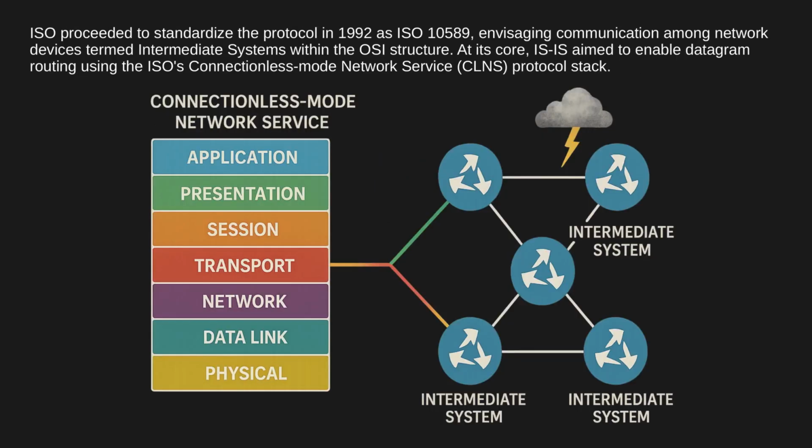ISO proceeded to standardize the protocol in 1992 as ISO 10589, envisaging communication among network devices termed intermediate systems within the OSI structure. At its core, ISIS aimed to enable datagram routing using the ISO's Connectionless Mode Network Service (CLNS) protocol stack.